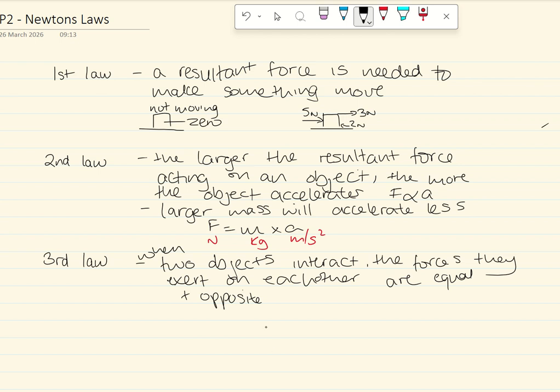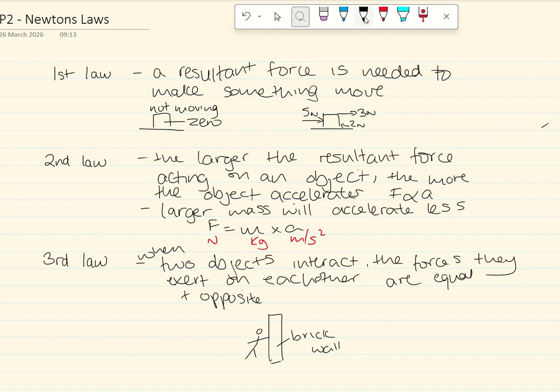Okay, so we have the example of, say we've got a brick wall here. And we've got a person leaning at an angle into the brick wall.